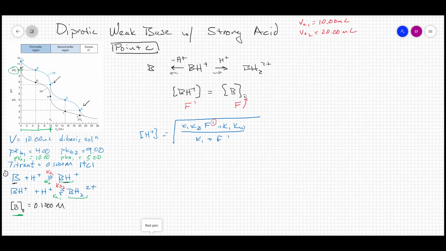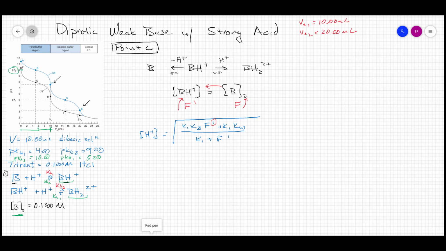The adjusted formal would be here simply because it took you some volume of acid to convert all of the original B to BH+. So you've got to adjust the original concentration to be a little bit more dilute because there's more solution, even though the moles of each are the same. They remain the same.